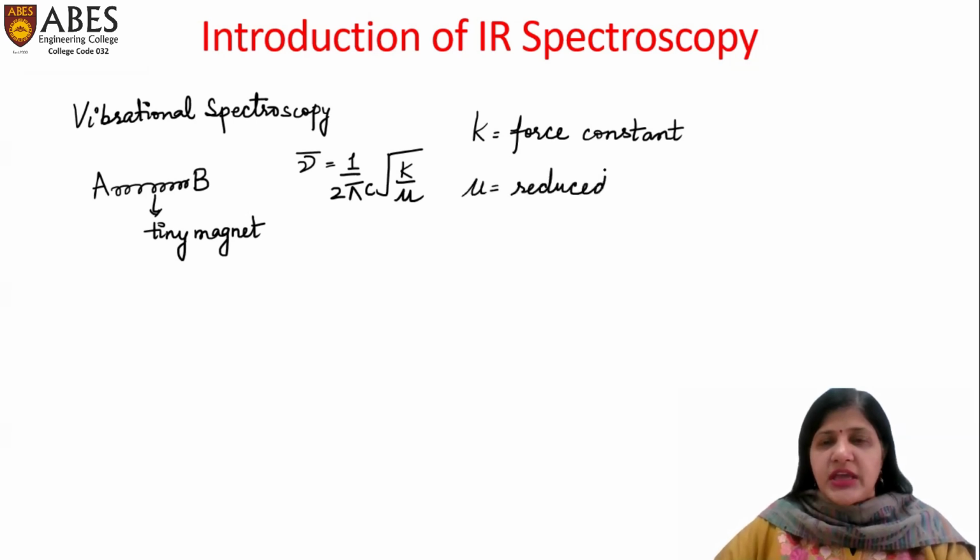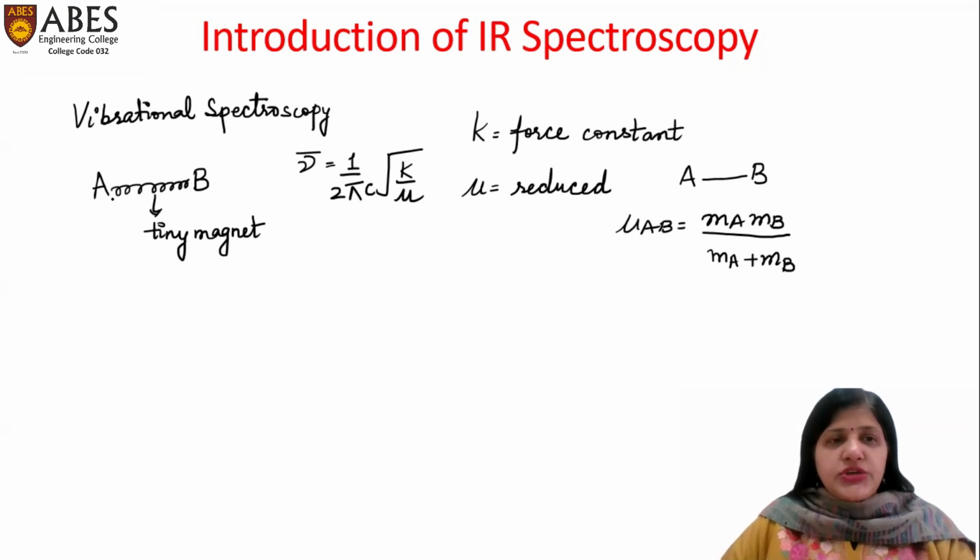Reduced mass for a diatomic molecule with bond AB is calculated as Ma into Mb, where Ma is the mass of atom A and Mb is the mass of atom B, divided by Ma plus Mb. So basically each bond vibrates at its mean position, and this frequency of vibration is calculated by Hooke's law.